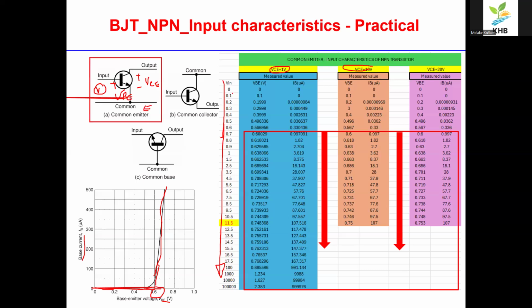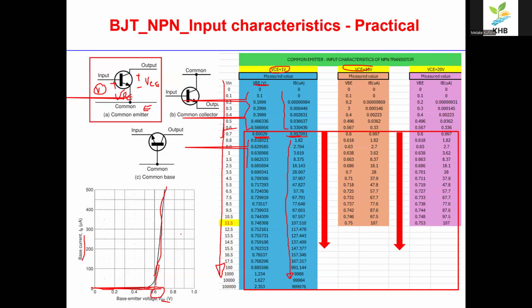Then, as you can see, until 0.6 volt VBE, the bias current is almost 0, I can say 0.3 microamp maybe, a very small amount. But as soon as we reach 0.6 volt, it starts to get close to 1 microamp. Then when we increase above 0.6, it goes high. That means the transistor is operating in a forward region, which means it increases the bias current.